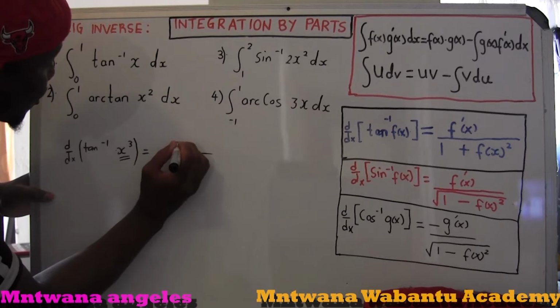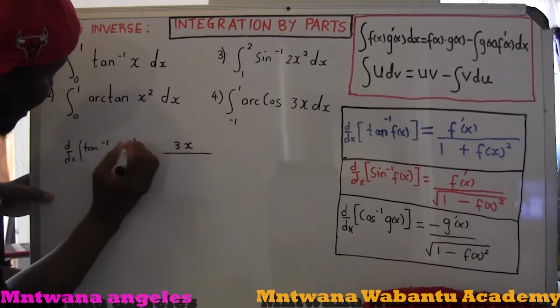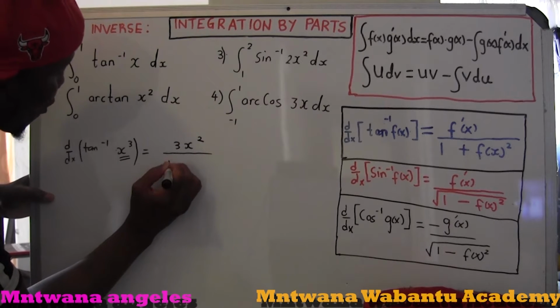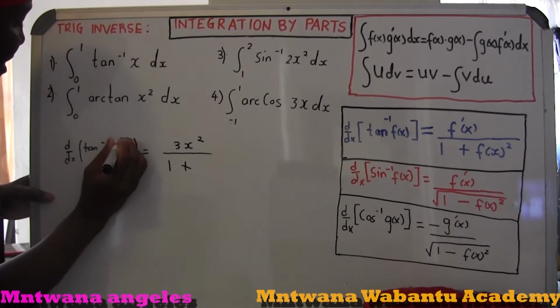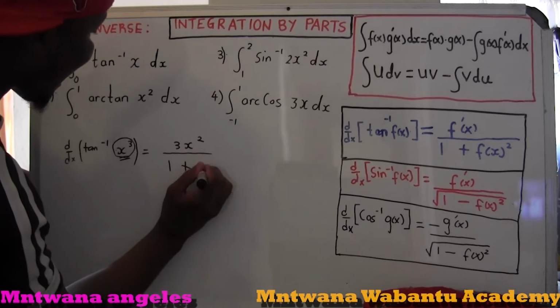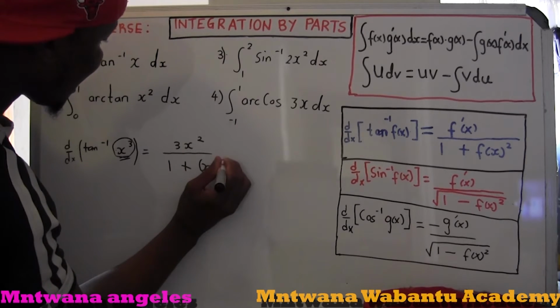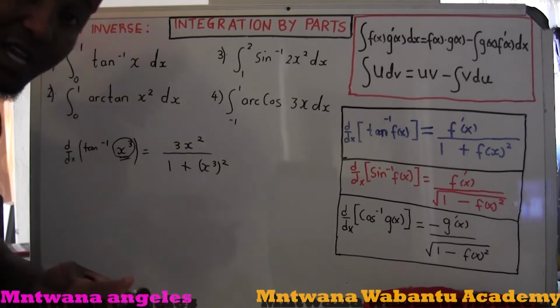The 3 comes down, and x to the power 3 minus 1 equals 2, over 1 plus the function squared, which is x cubed squared. That's how you differentiate trig inverse.